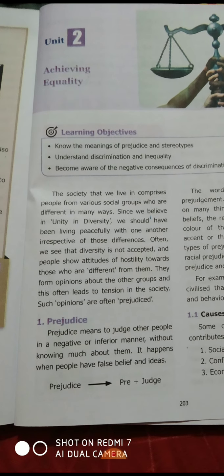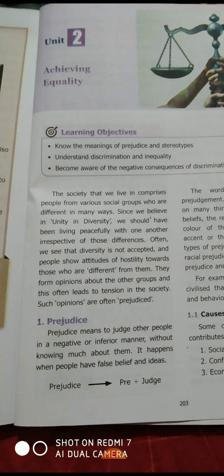The society that we live in comprises people from various social groups who are different in many ways. Since we believe in unity in diversity, we should live peacefully with one another irrespective of those differences.